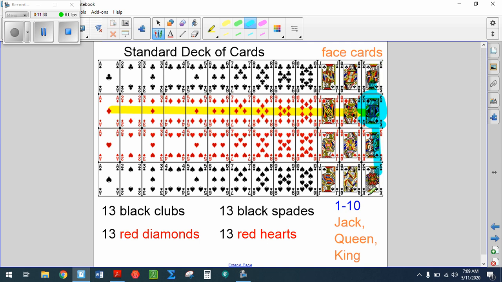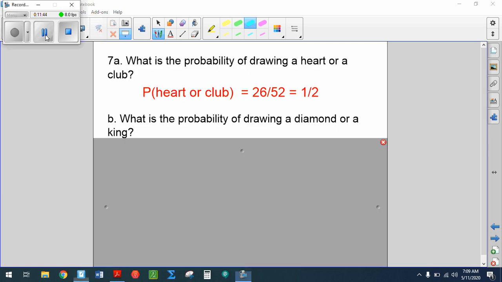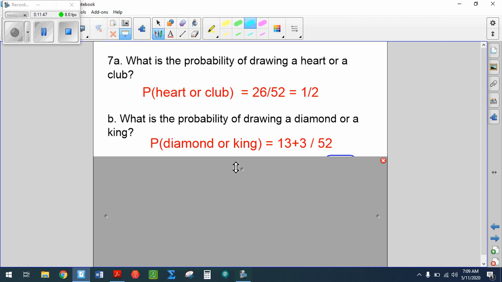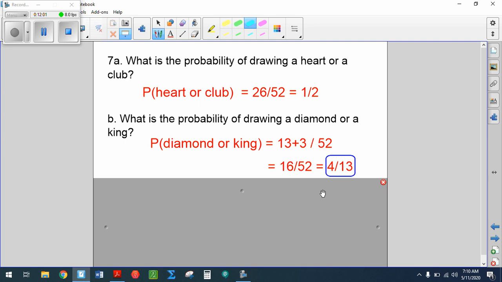And the king of diamonds is also a king, so it's one of those 4 kings. So we just want to make sure that we count every card once. So there are 13 diamonds, and then there are 3 additional kings. I know there's 4 kings total, but one of those kings was already a diamond, so you can't count it twice. So 13 plus 3 out of 52 is 16 out of 52, or 4/13.